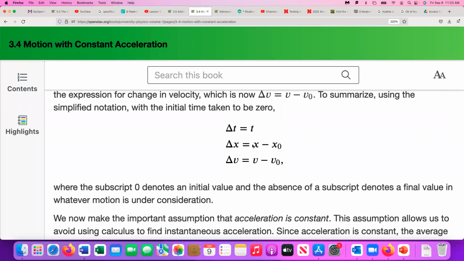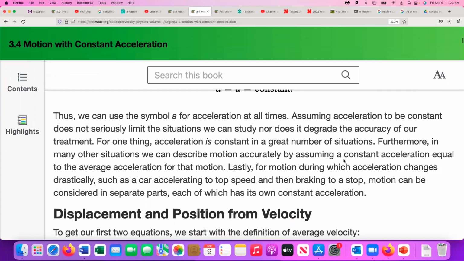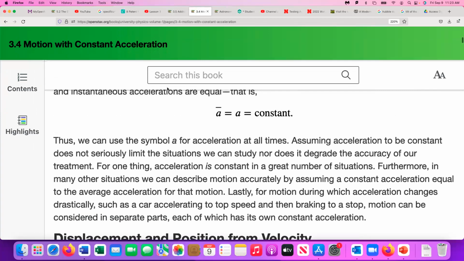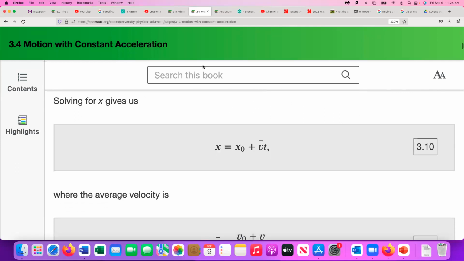Instead of x final minus x0, we're going to have just x minus x0. And same with v, just to make things easy. These things that have acceleration, where the acceleration is an average, we're going to assume that we have constant accelerations most of the time. So it'll just be the acceleration a. This is just to make things easier to write down for the most part.